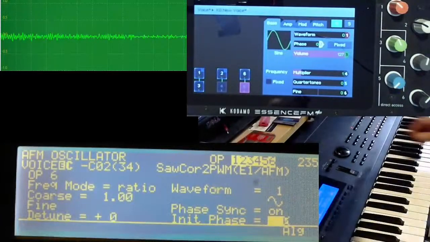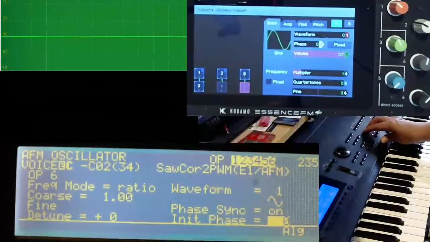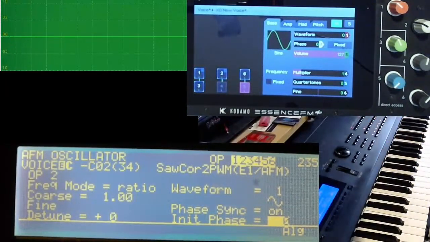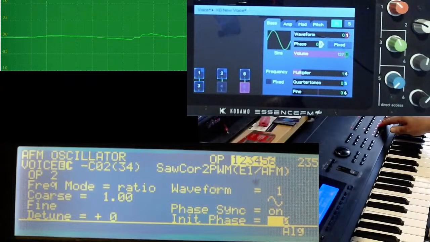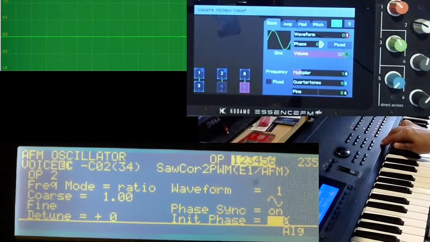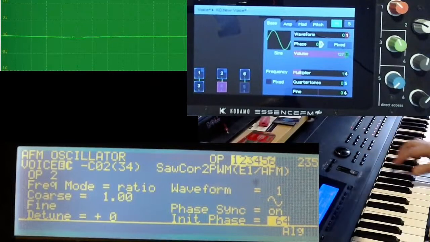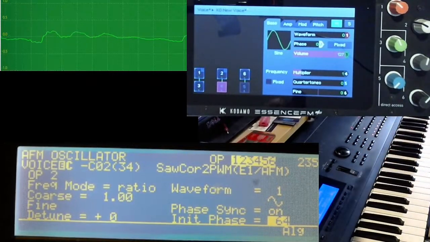So let's start with basic phase offsets here. Okay. So we're going to go to our operator 2. And now what we're going to do is shift the phase relative to the stack of 4, 5, and 6. So I'm going to start here, and we're going to go to 64. So on the SY99, the phase is 0 to 127.